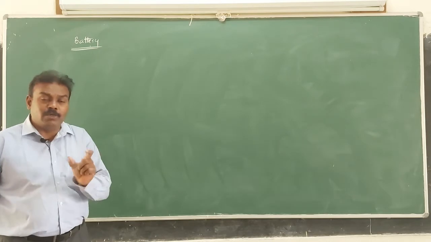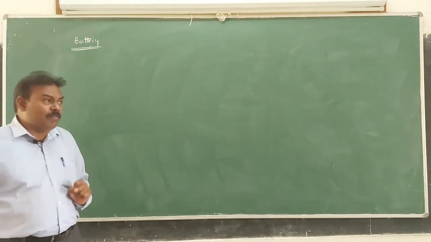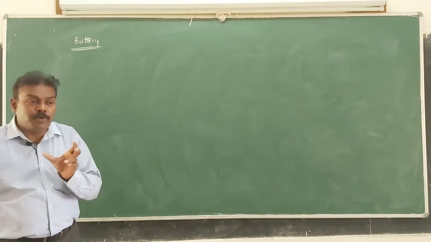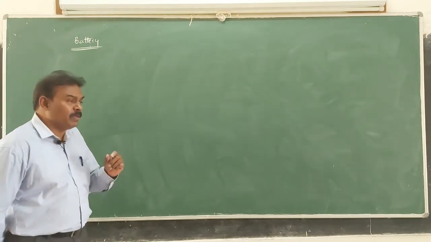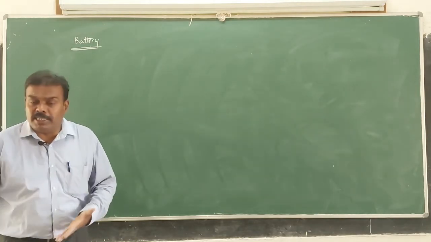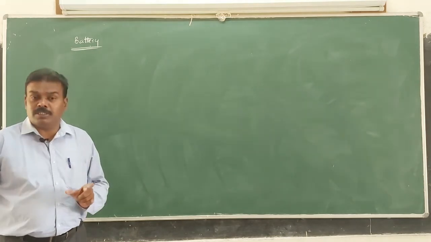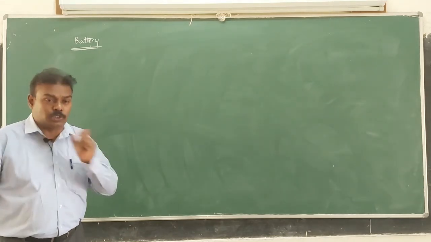One cell gives 2 volts. In our daily life, in order to run vehicles, minimum we need a 12 volt battery. In some cases at least we need a 6 volt battery. One cell gives only 2 volts.